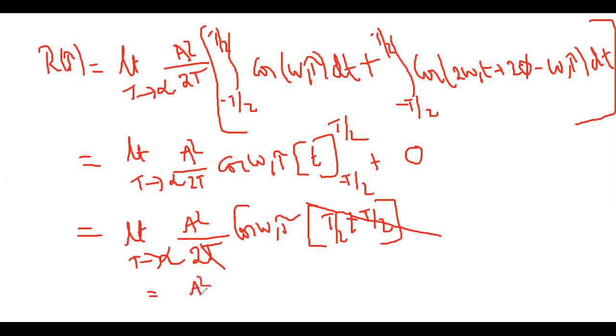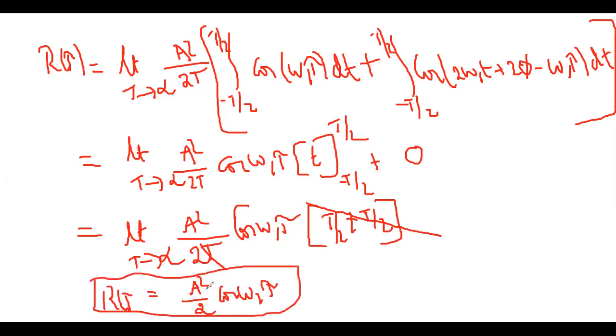So finally it becomes A square by 2 cos omega 1 tau. R of tau is equal to A square by 2 cos omega 1 tau. Got it, my dear students?